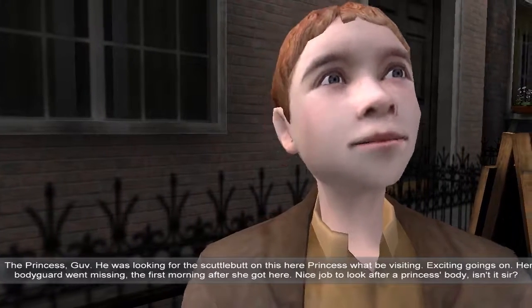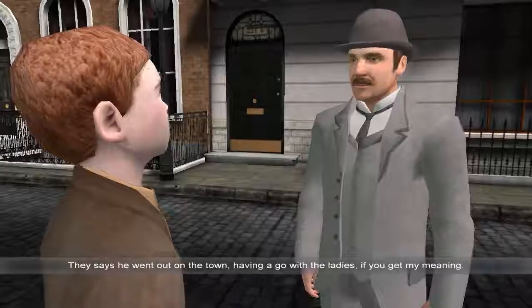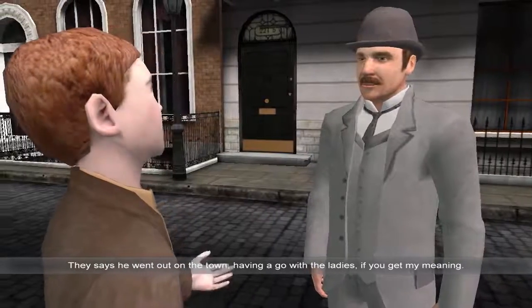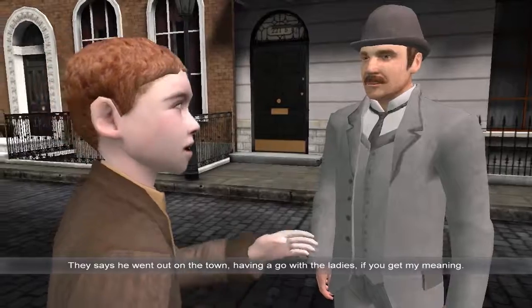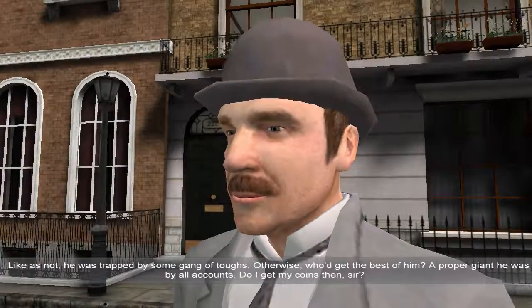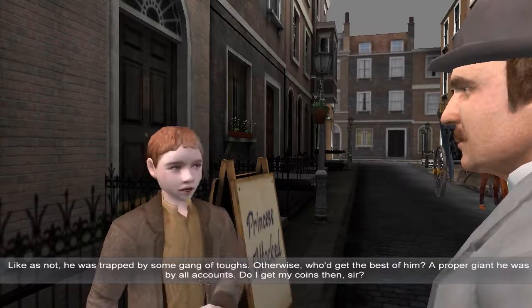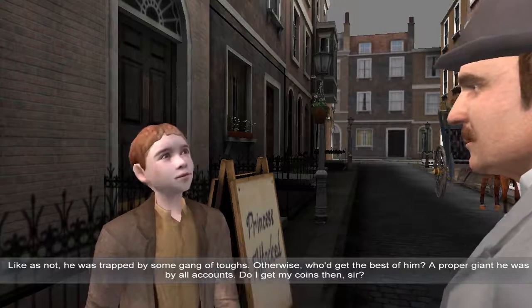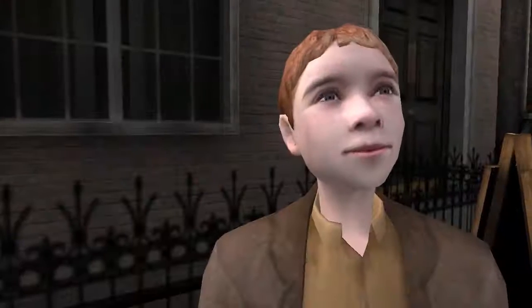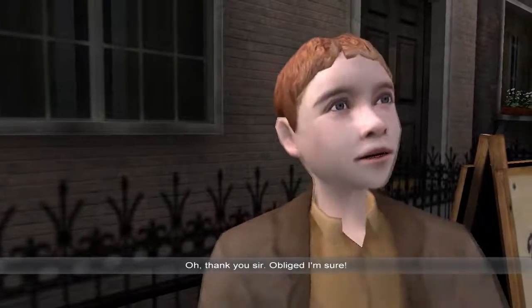Nice job to look after a princess's body, innit, sir? They say he went out on the town having a go with the ladies. That kid looks younger than I mean. Like his voice suggests. As not, he was trapped by some gang of toughs. Otherwise, who'd get the best of him? A proper giant he was by all accounts. Do I get me coins then, sir? Oh, thank you, sir. Obliged, I'm sure.